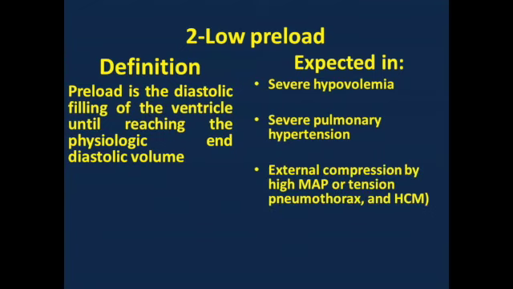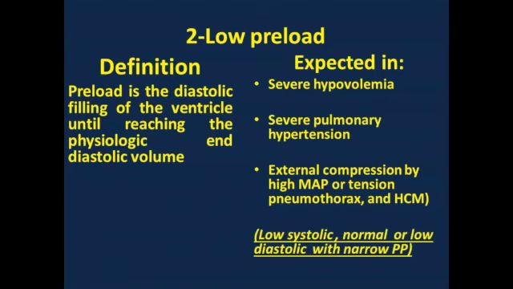Or you may have external compression by high mean airway pressure or tension pneumothorax, or hypertrophic cardiomyopathy. That one is not very common, but it is one of the examples that should be considered in such a category or pathophysiology.